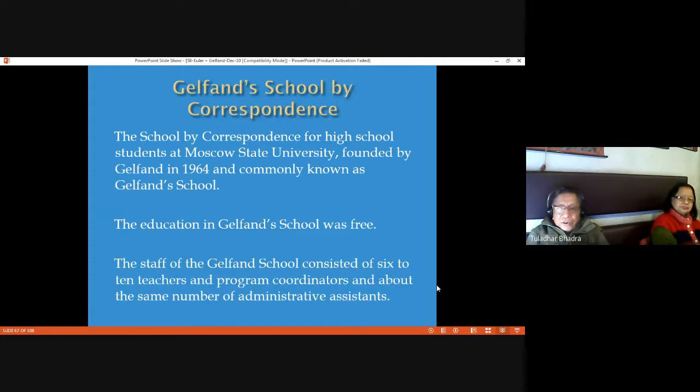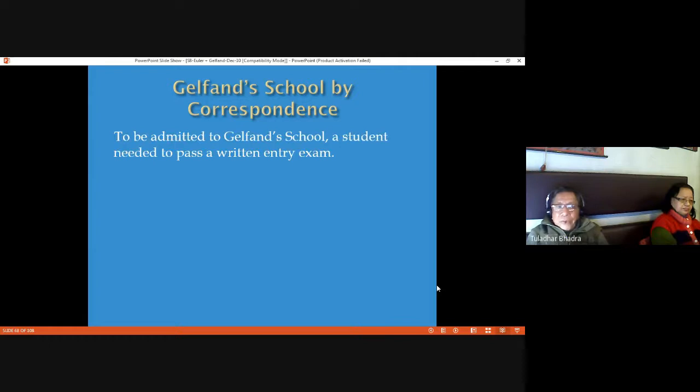The staff of the Gelfand School consisted of 6 to 10 teachers and program coordinators, and about the same number of administrative assistants, because it was a correspondence school. There should be a lot of correspondence, a lot of administrative work. To be admitted to Gelfand School, a student needed to pass a written entry examination.